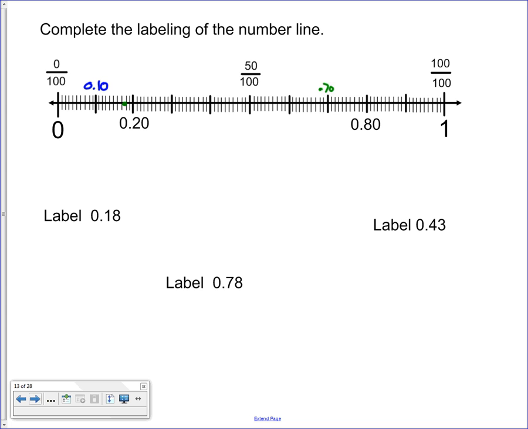Again, I'm going to count backwards. 80, 79, 78 is right there. That one worked out a little bit better. I guess I can label that. And then 0 and 43/100ths, that's going to be between 40 and 50, 41, 2, 3. That's right there.